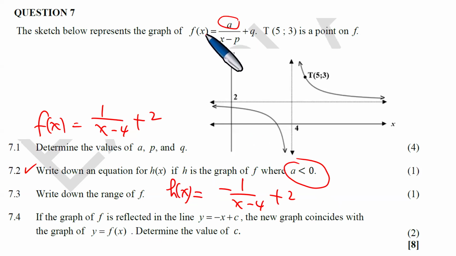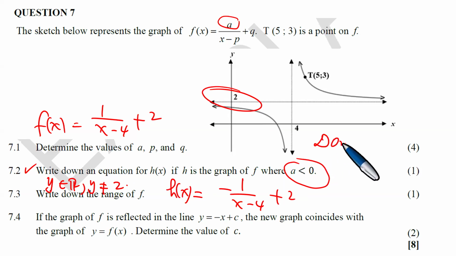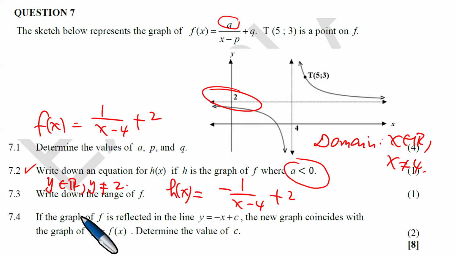To write the range of f, we note that the range is all the real numbers, but y is not 2. That is the range. The range is the same as the domain. They did not ask us to find the domain, but to find the domain of this graph, you need to say x is an element of R, but x is not 4. That is the domain. The range is that.